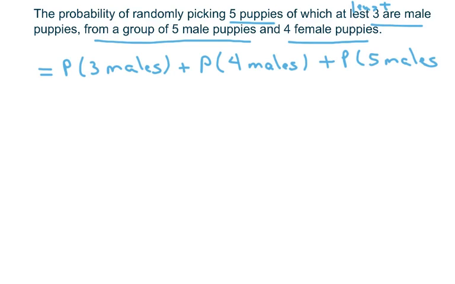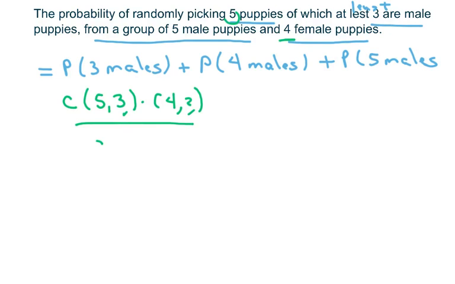So the first one, I'm going to do C. We're picking 3 males from the 5 males, and that means we have 2 females, chosen from the 4 females. I'm picking 5, so these two numbers should add up to 5. Then our total is 9 puppies, and we're choosing 5. Okay, then we add 4 males.